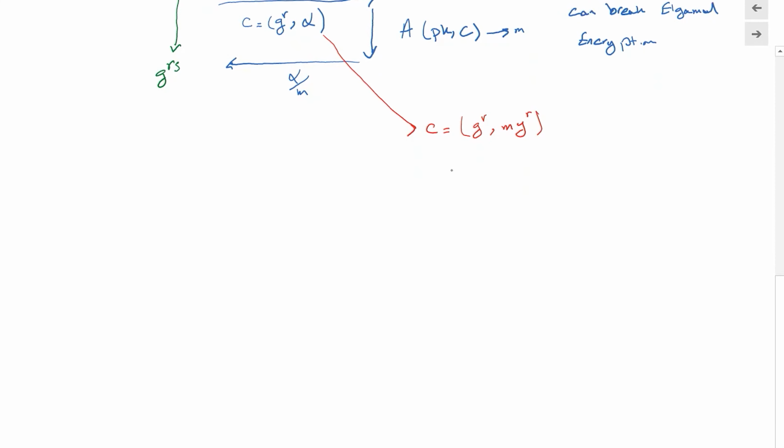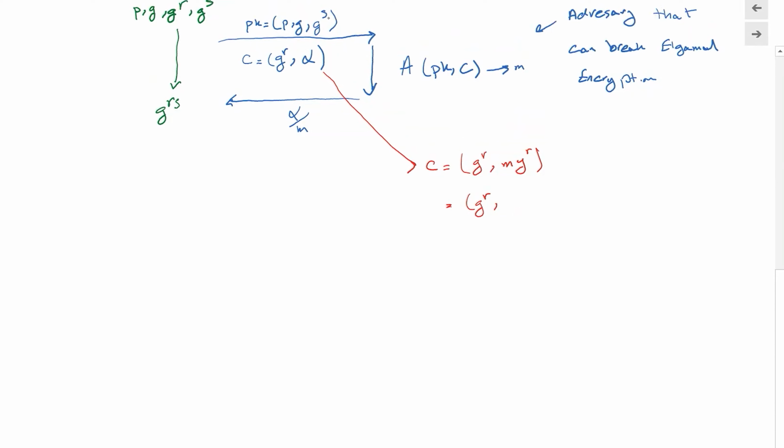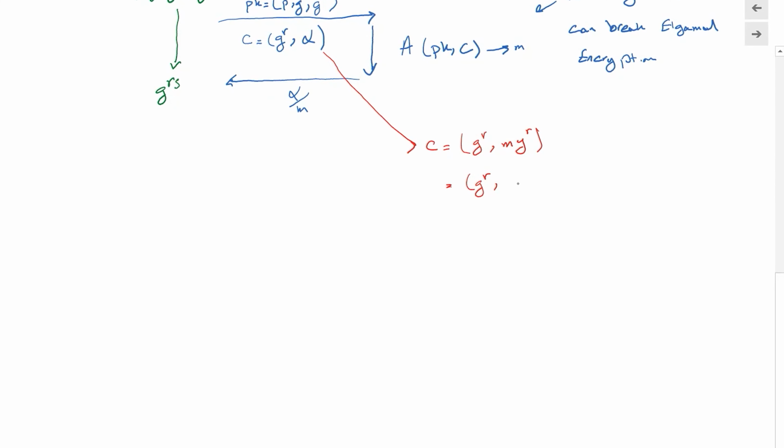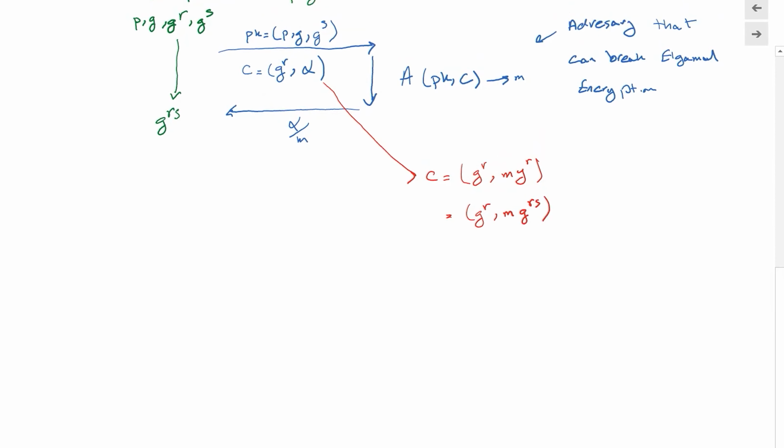Or in other words, it equals g to the r, m, and then y stands for... you know that y over here is g to the s, and therefore this is going to be m times g to the power rs, right? This should be the right ciphertext.